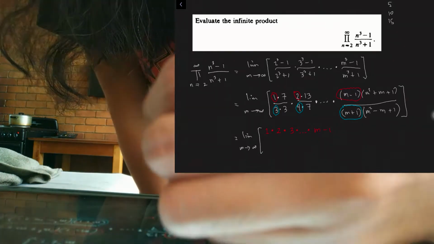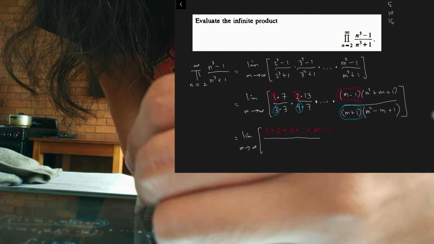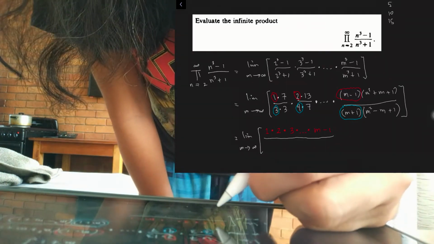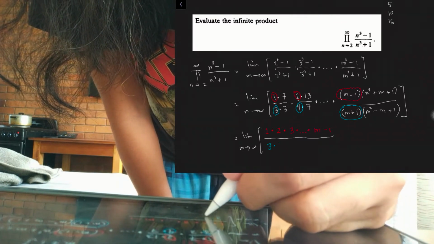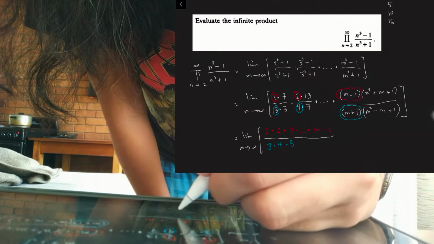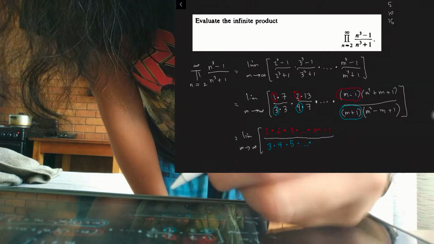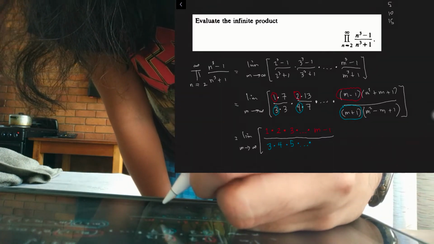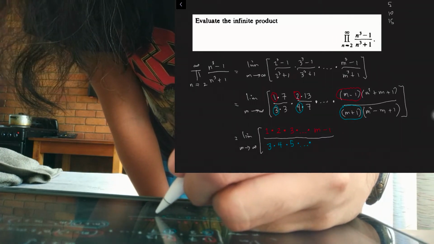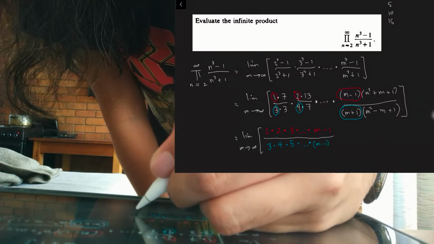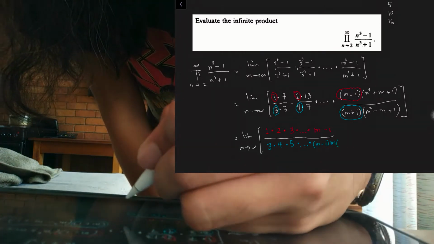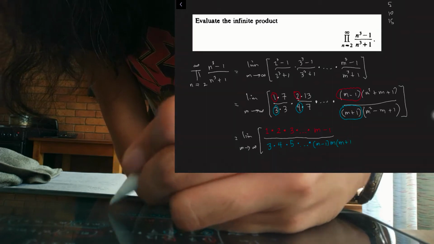Let's write that in blue ink and rearrange those terms here. So you have 3 times 4 times 5 all the way up to, before you even reach m plus 1, the terms m minus 1, m, and m plus 1. Correct?